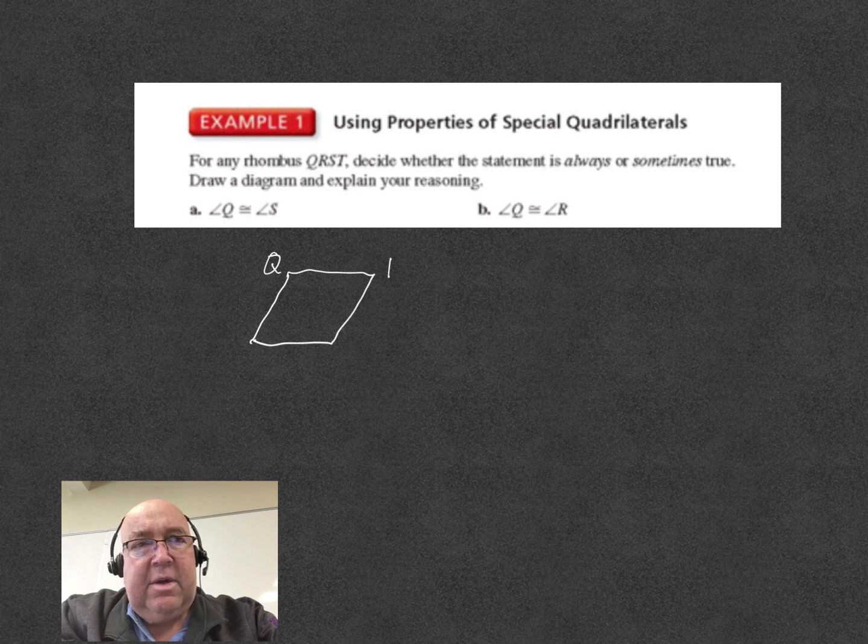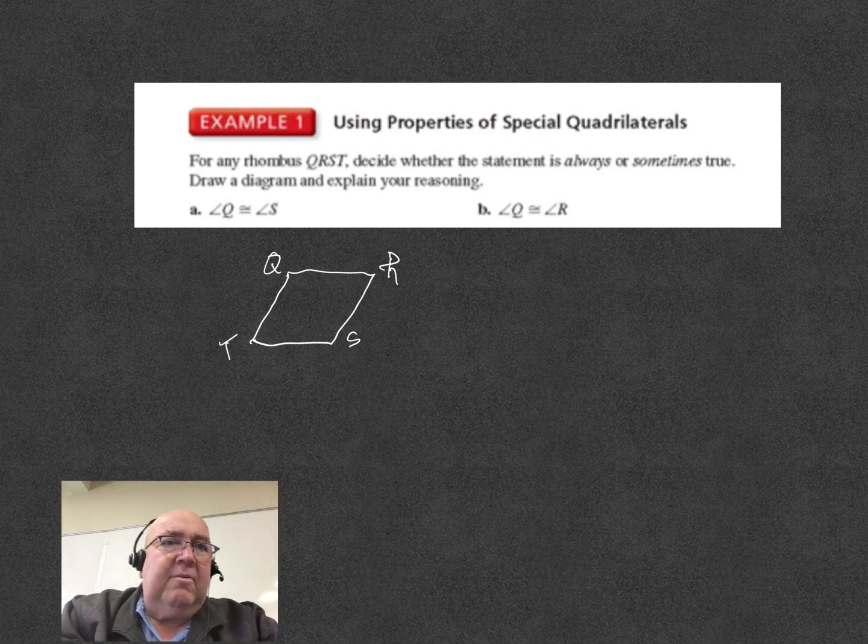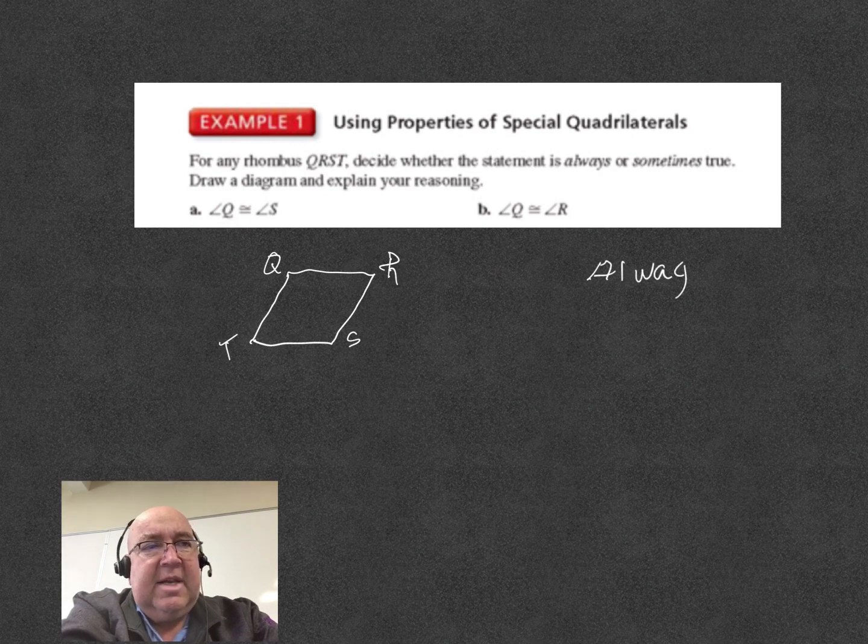So Q, R, S, and T. So we learned earlier that the opposite angles are congruent. So angle Q is always congruent to angle S. So A is always.